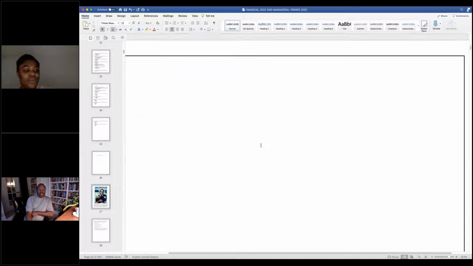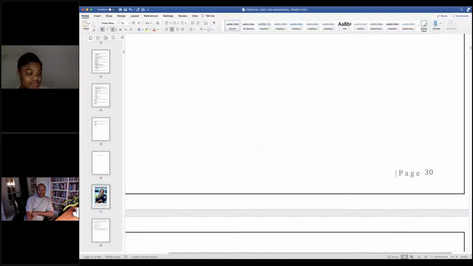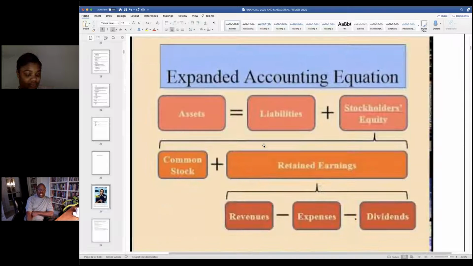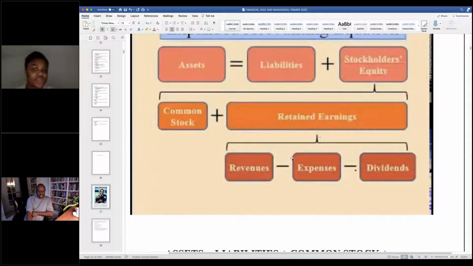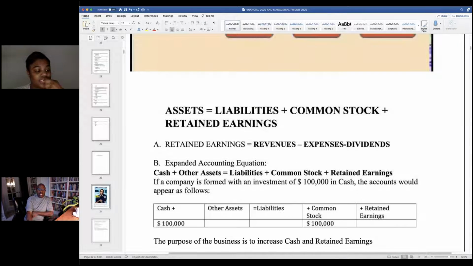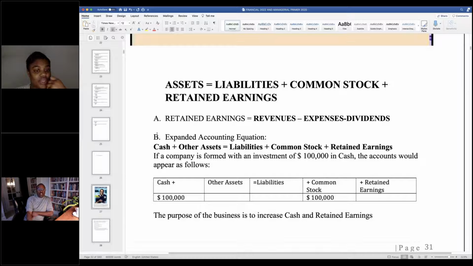And we said to prepare financial statements, the starting point of accounting is always what? The accounting equation. Assets equal liabilities plus stockholders' equity, that is, common stock plus retained earnings. Retained earnings consist of revenues, expenses, and dividends. So this is the fundamental equation for accounting.